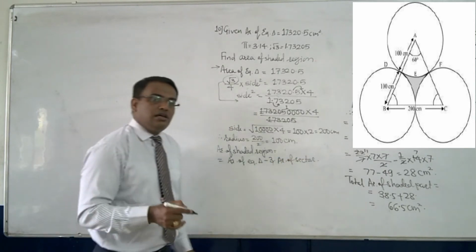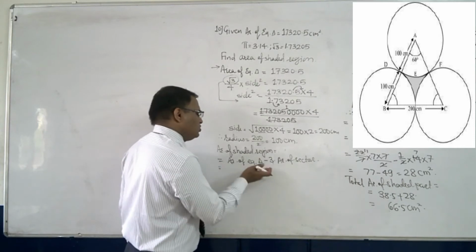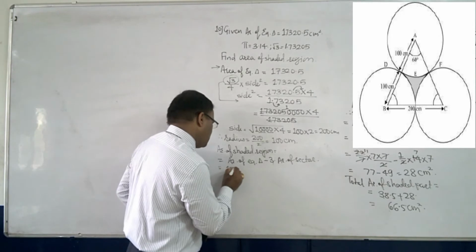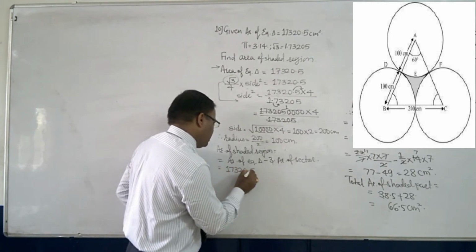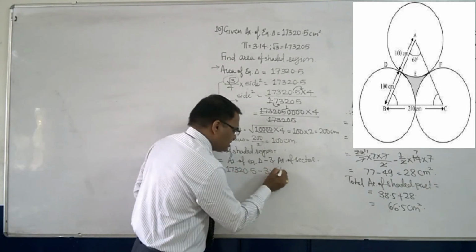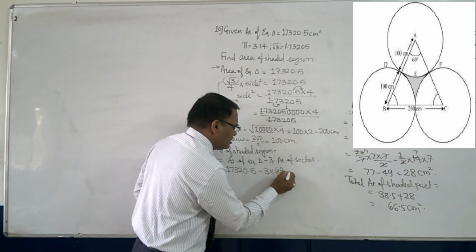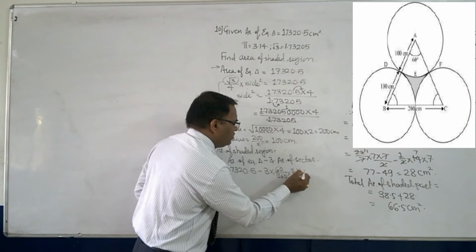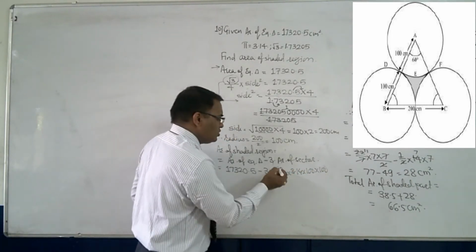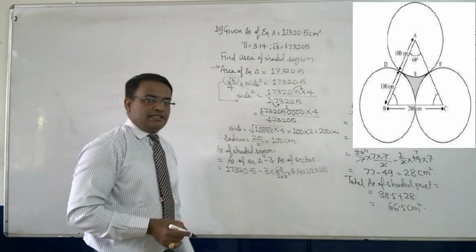Is it so? Yes. Now since there is no need of writing the formula because it is already given, it is 17320.5 minus 3 into, theta here is 60 upon 360, into 3.14 into 100 and again into 100. Right? So this 0 will get cancelled.